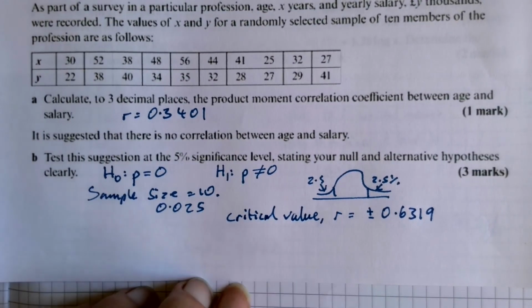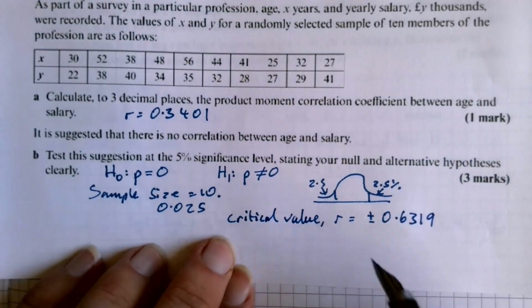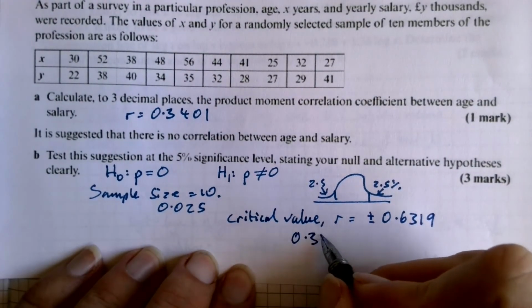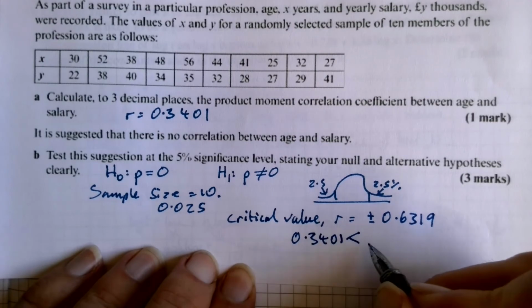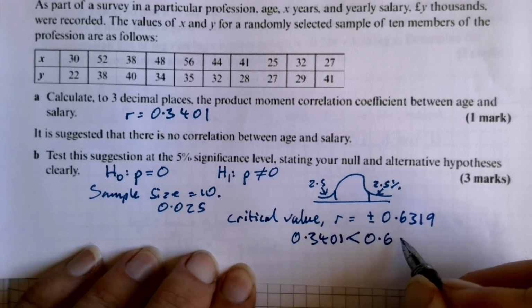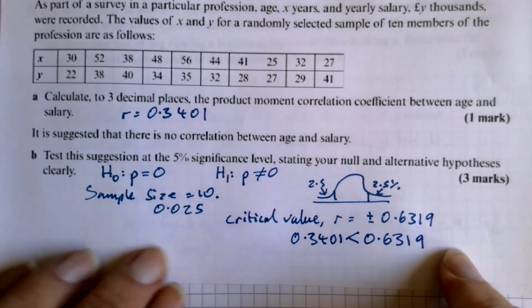So with only 10 bits of information, it needs to be showing up a lot more than it's doing there. So what we need to say next is to point out that 0.3401 is smaller than 0.6319.